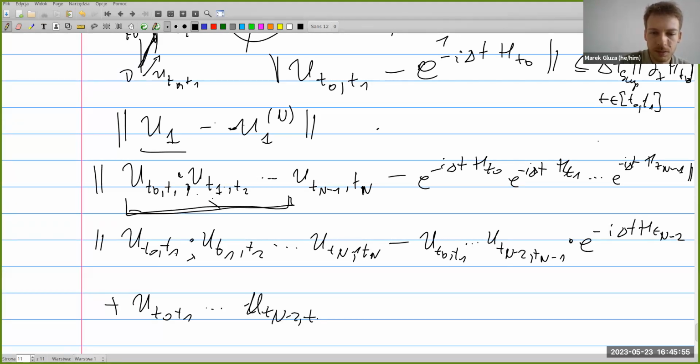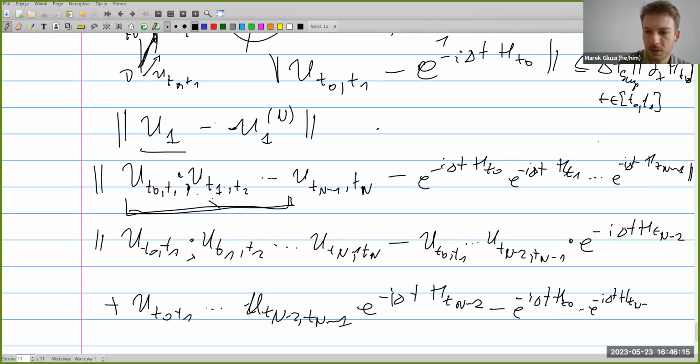This is mundane, but this is really what it costs to do the proof. e^{-iΔt H(t_{n-2})}, and then here I have minus e^{-iΔt H(t_0)} up to e^{-iΔt H(t_{n-2})} times e^{-iΔt H(t_{n-1})}, and the norm closed here.